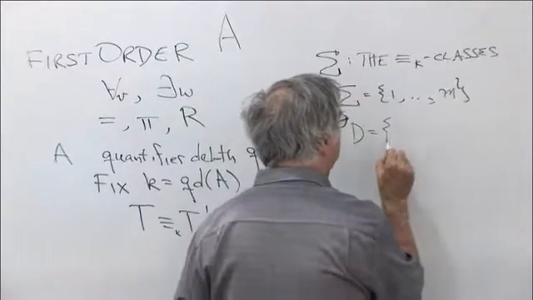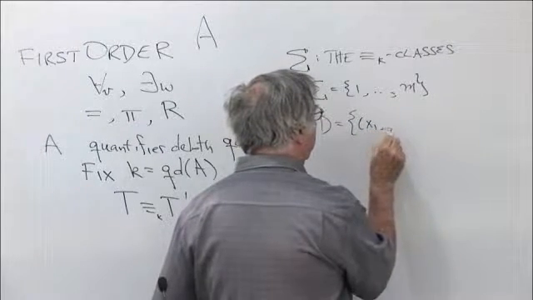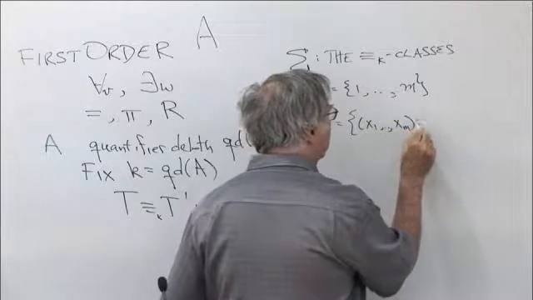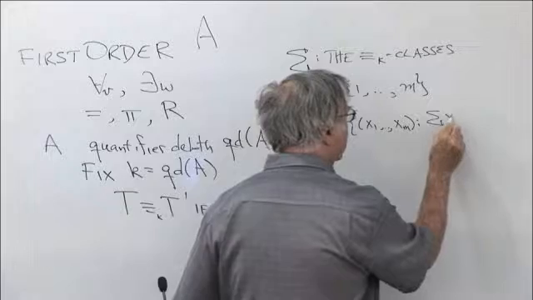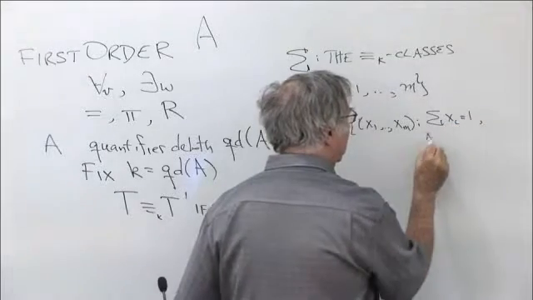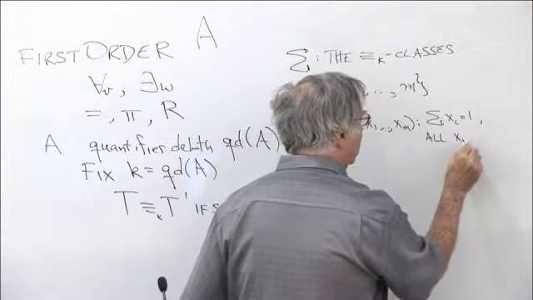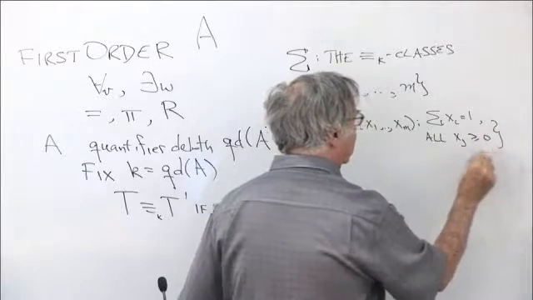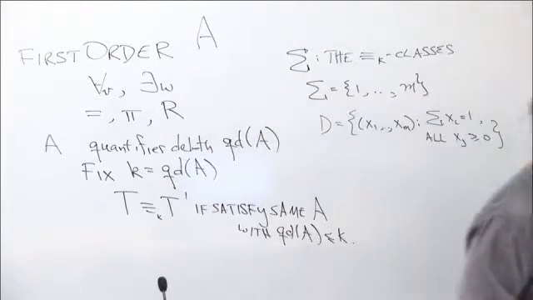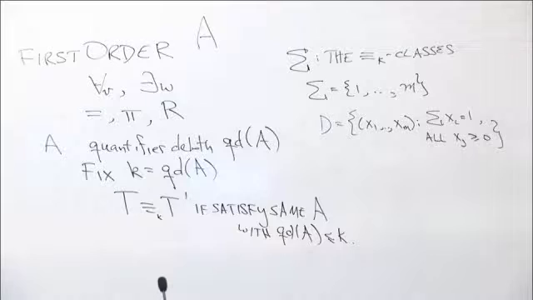So the set of x1 through xm, such that the summation of xi is equal to 1, and all xj are greater than or equal to 0. So this is a nice compact set, basically an m-1 dimensional hyperplane. But think of it as the set of distributions over sigma.